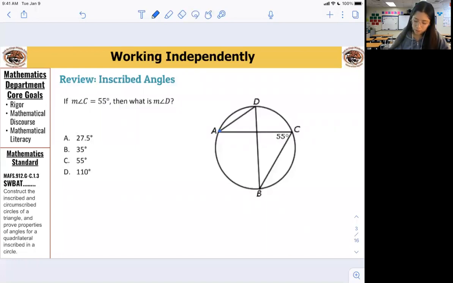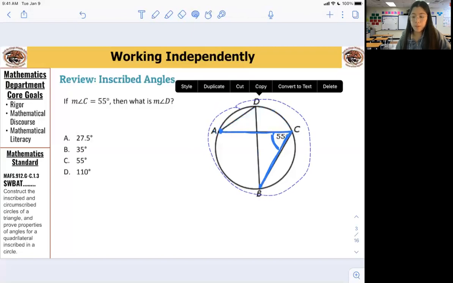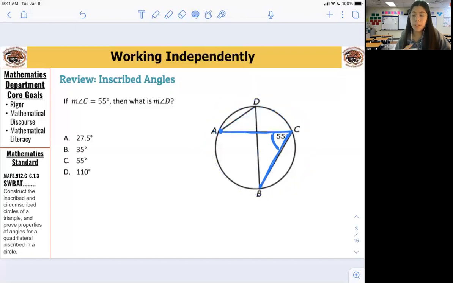Okay, so remember that we have an inscribed angle. This is an inscribed angle, and it's touching A and B, right? And the thing with inscribed angles is that no matter where they are, as long as they're still touching A and B, they're going to be the same exact measurement.